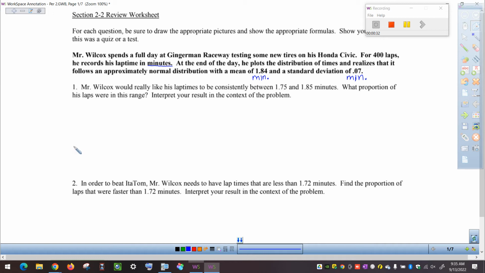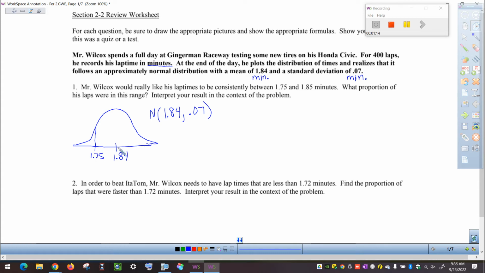Now, even though we are using our calculator to help us find our answer, we are still going to begin by drawing a picture. So I'm going to go ahead and label this normal curve here with our information that we were given, our mean and our standard deviation. The mean is always in the middle, and so I can see here that 1.75 is going to be over here to the left.